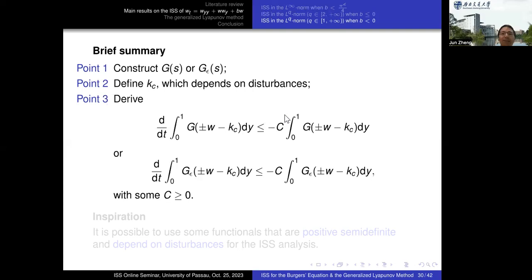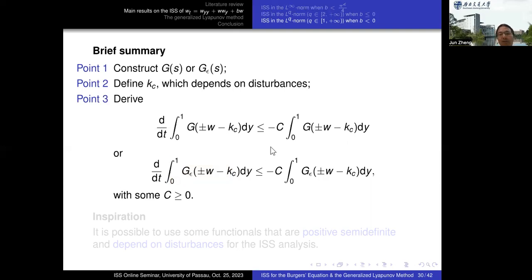Then we can apply the comparison principle to arrive at the estimate of this functional or this functional. Then, using the properties of capital G or capital G epsilon, we can arrive at the ISS in different norms for the Burgers equation.